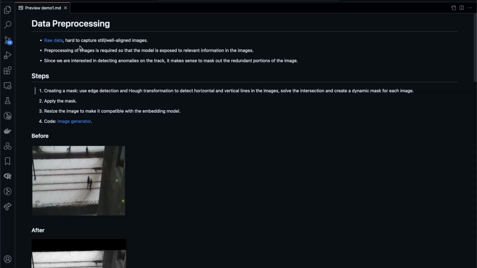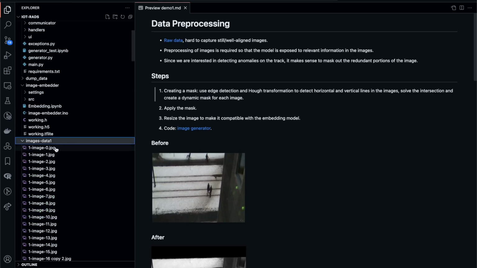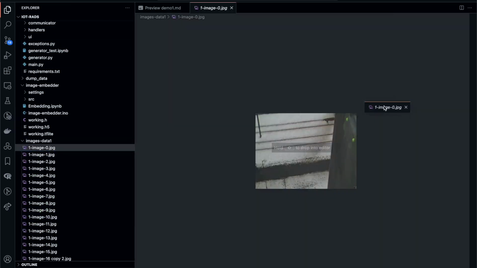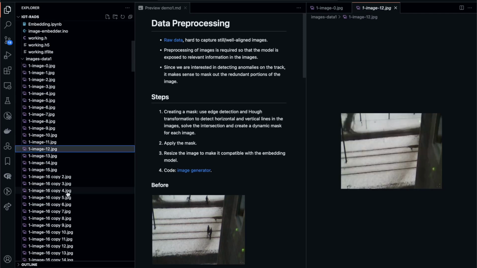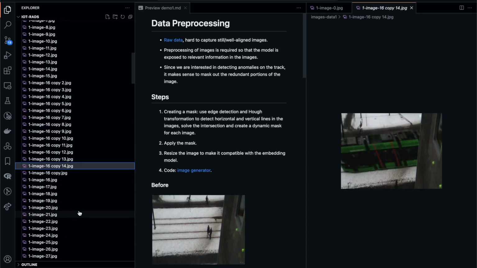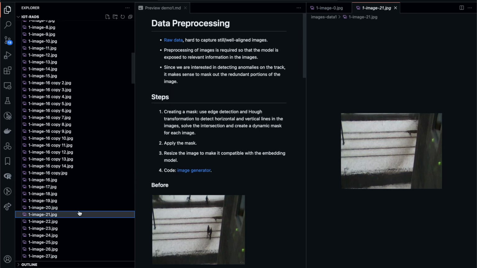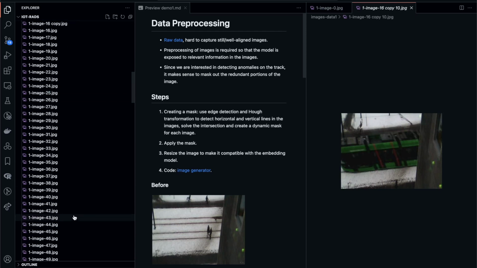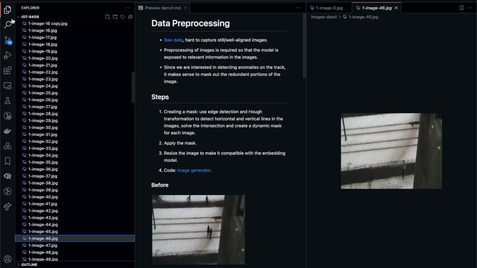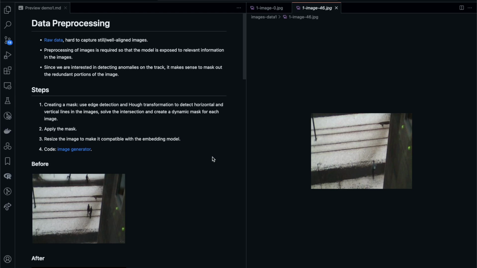Here's an overview of the data processing pipeline we have. This is what the raw images look like, captured from the Arduino. As we can see, the images are not still and not aligned. So since we are interested in detecting anomalies on the track, we would like to focus on the relevant regions rather than the whole image.